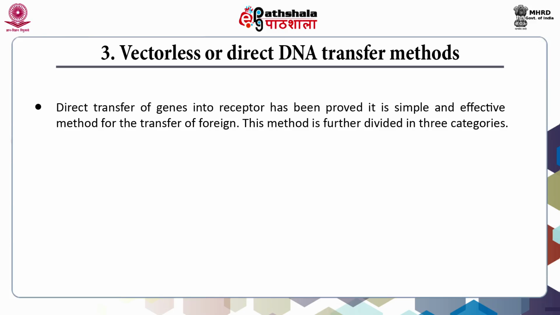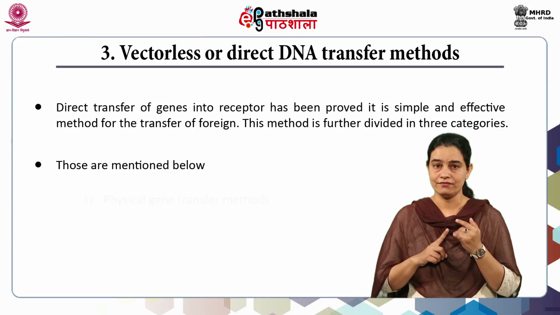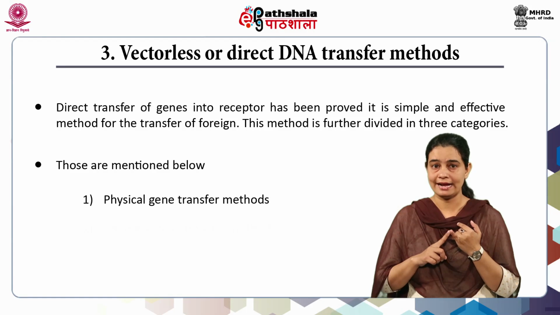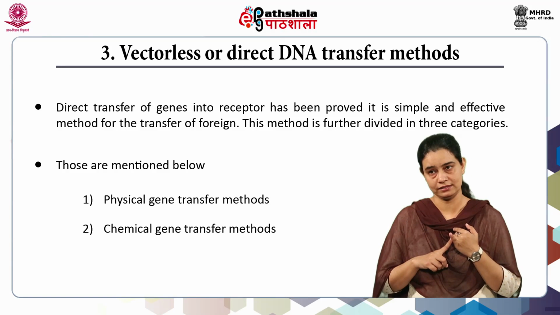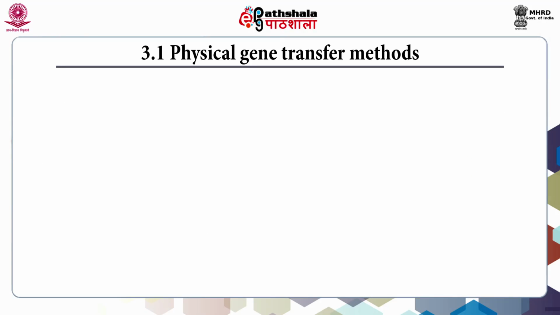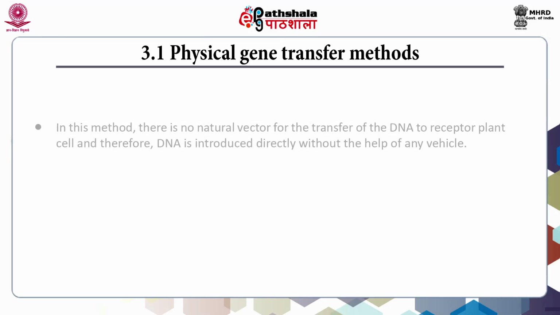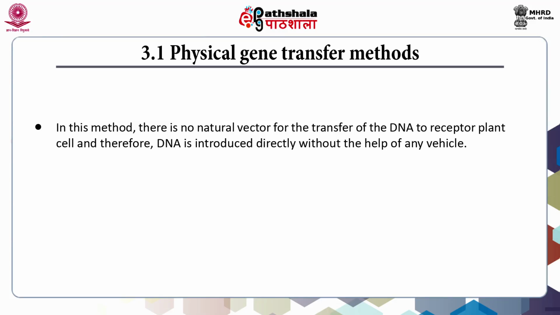This method is further divided into categories, which are mentioned below: physical gene transfer methods and chemical gene transfer methods. Coming to the next slide, that is physical gene transfer methods. In this method, there is no natural vector required for the transfer of DNA to the receptor plant cell, and therefore, DNA is introduced directly without the help of any vehicle.